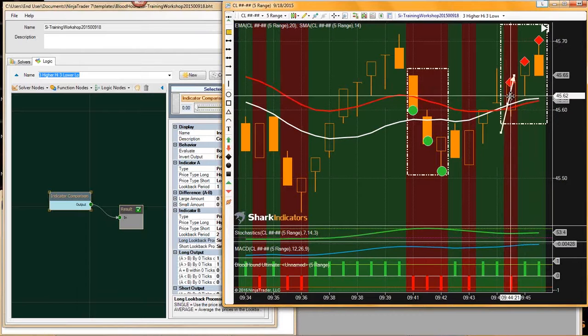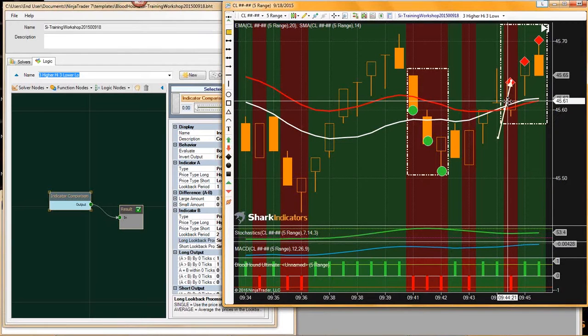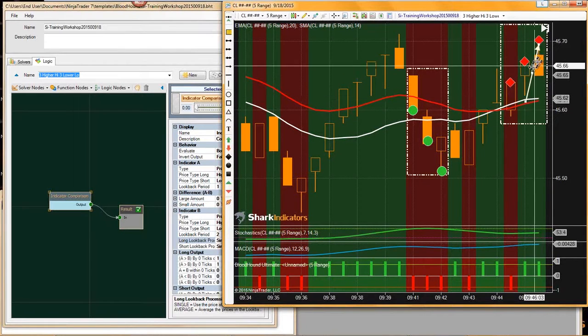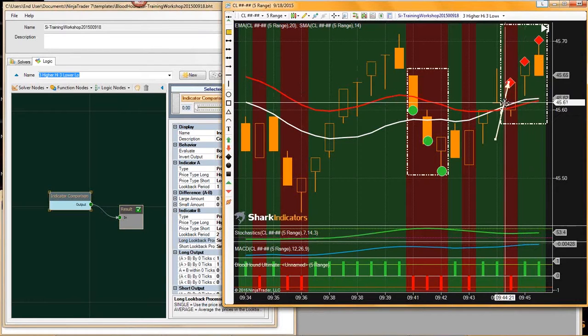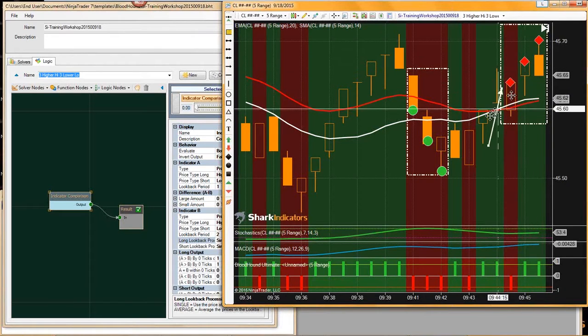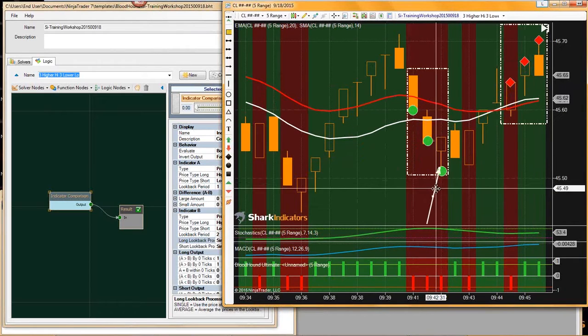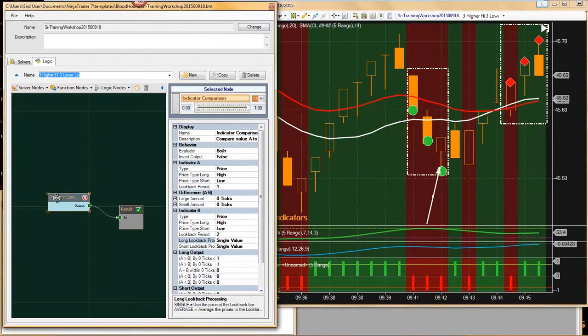We're going to daisy chain these comparison solvers together, and that's how we can look at the last 3 bars to see if they have higher highs, or if the last 3 bars have lower lows. So, alright, this is set up, and let me give this a name before I move on.